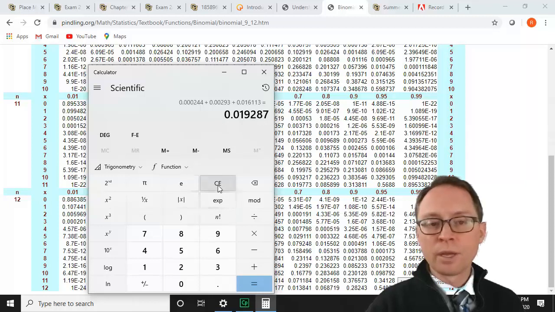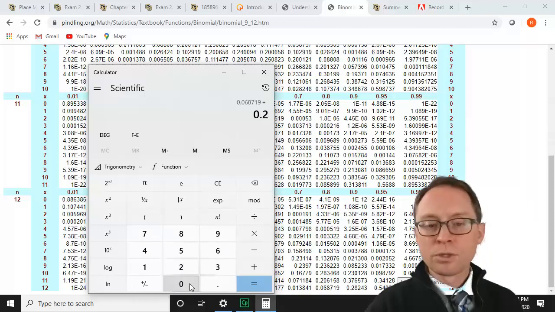So now what I'm going to do is start all over again and do the same thing. I'm going to add up the probabilities in the 0.8 column for 12 people falling in love, 11 people falling in love, and 10 people falling in love. So I'm going to add right here 0.068719, plus 0.20615.